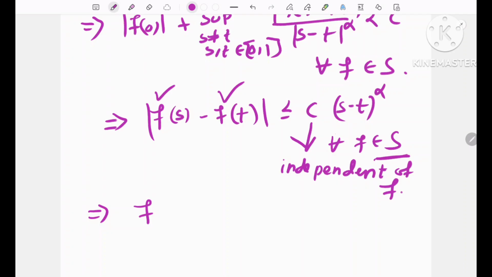This implies this set S is equicontinuous.